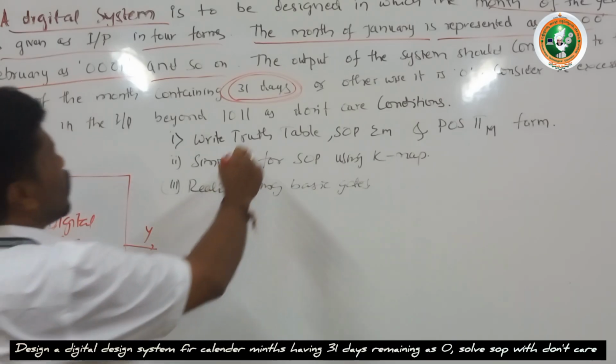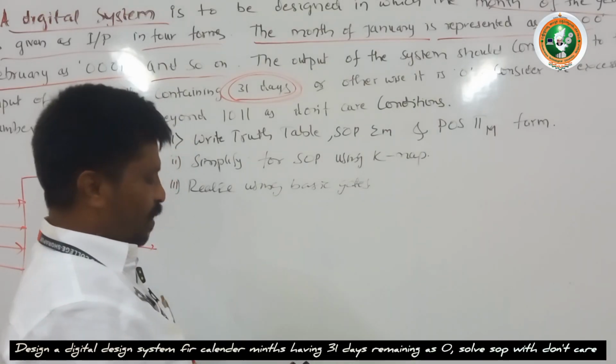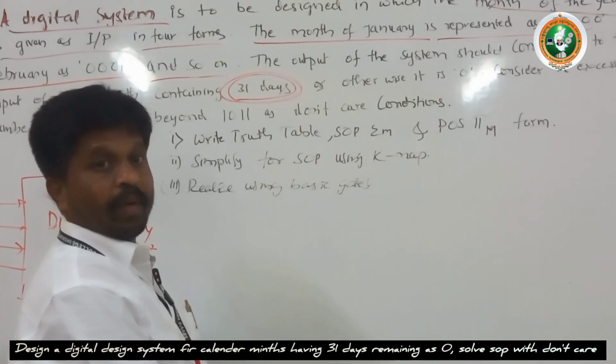In a year, how many months are there? 12 months.